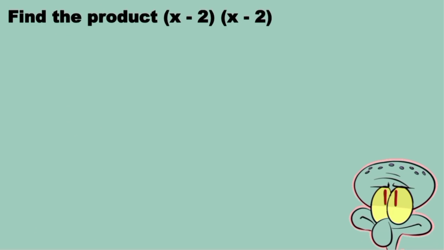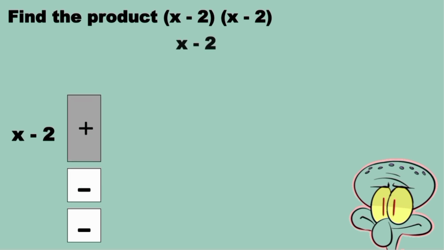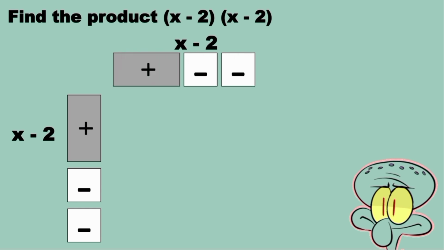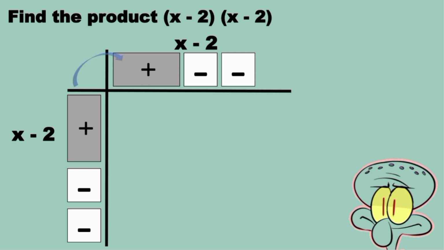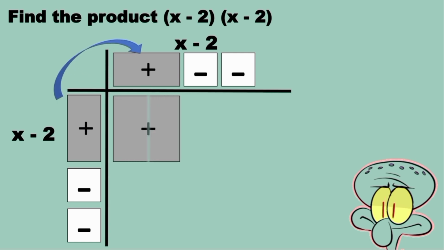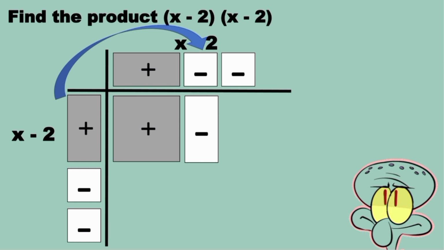First, let's find the product of x minus 2 and x minus 2. Let's give the algebraic tiles of x minus 2 and the algebraic tiles of x minus 2. Then let's multiply. x multiplied by x is x squared. x multiplied by negative 1 is negative x. x multiplied by negative 1 is negative x.